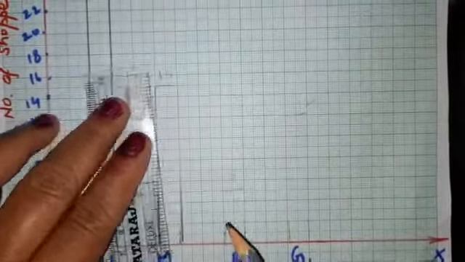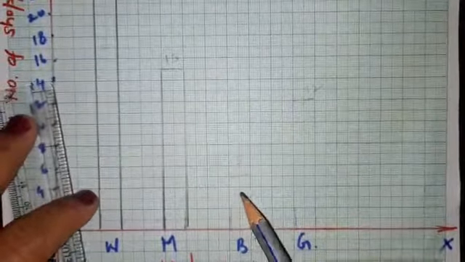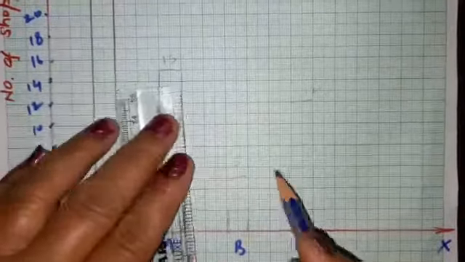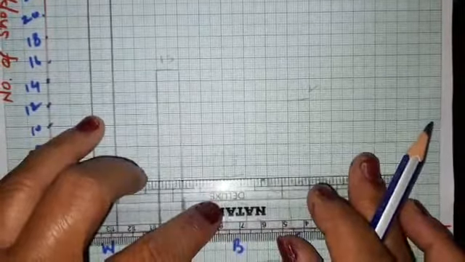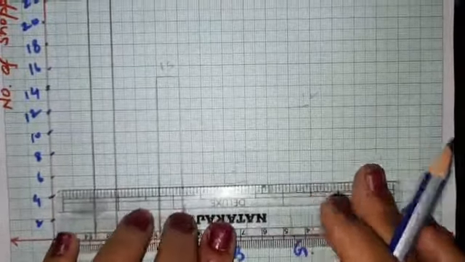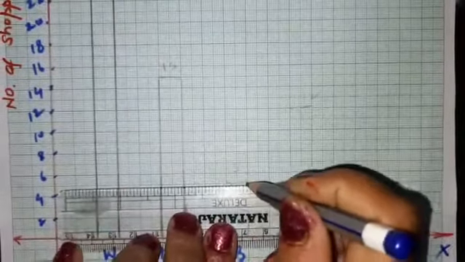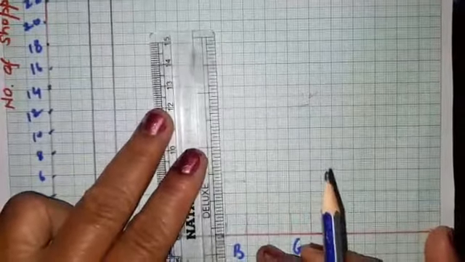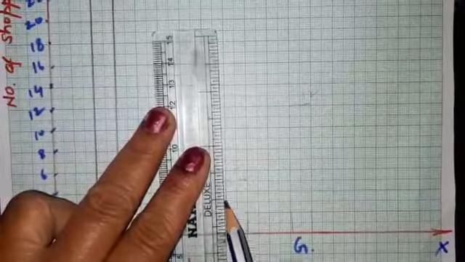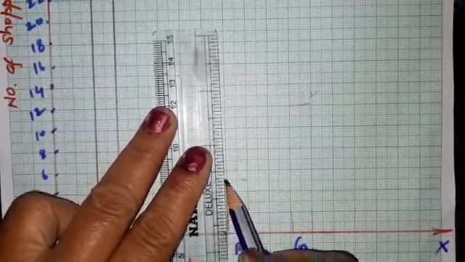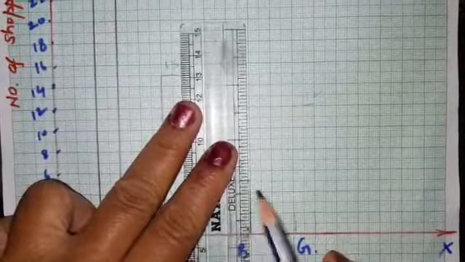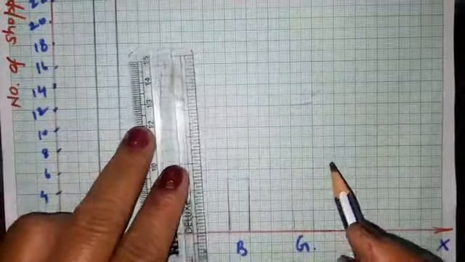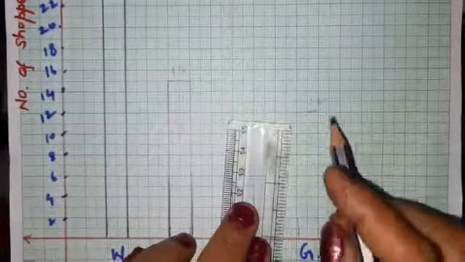Third one is B. B is 5, boy 5. So put the marking for that at 5. It will come between 4 and 6. And draw the bar. And the last one, that is G. G is 12.